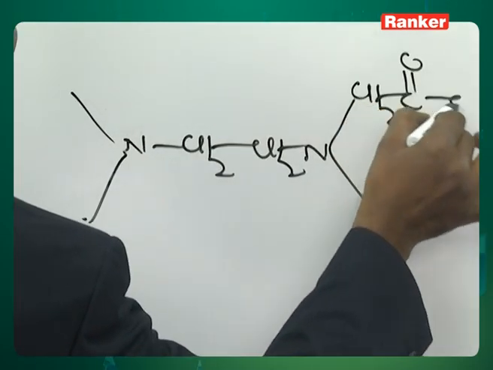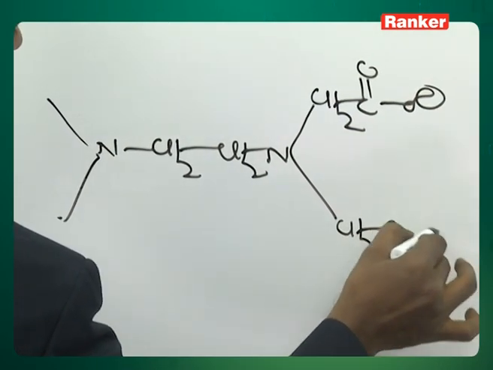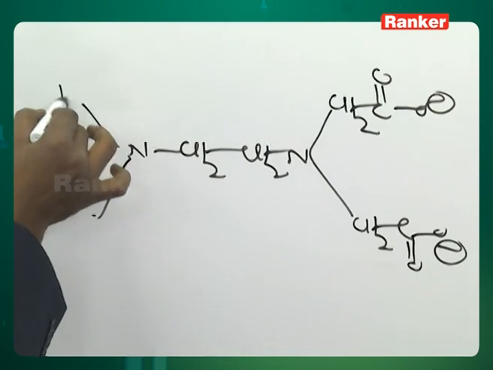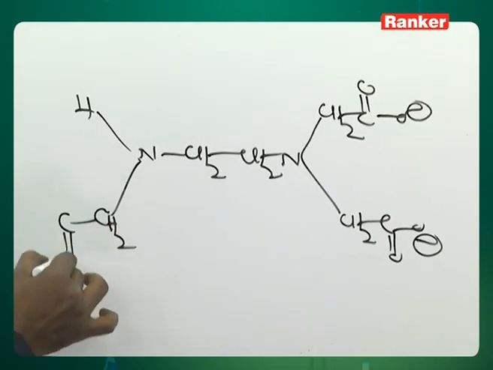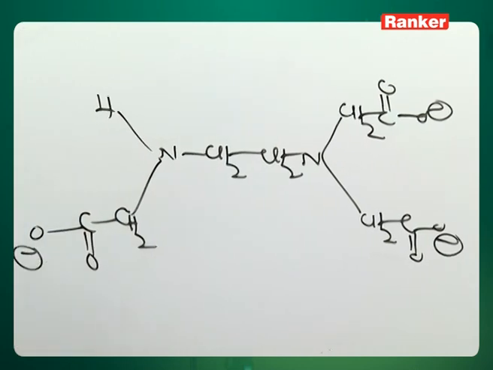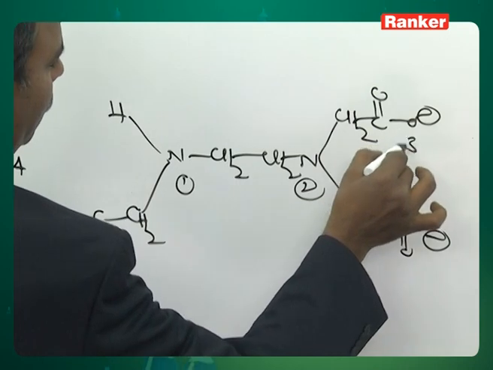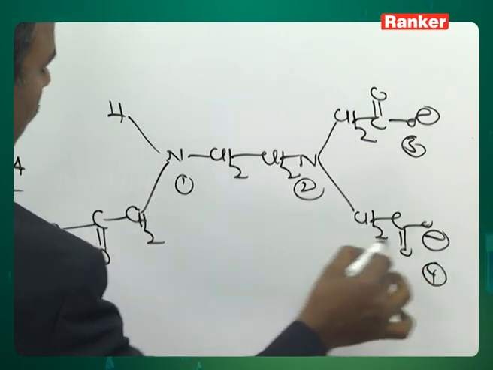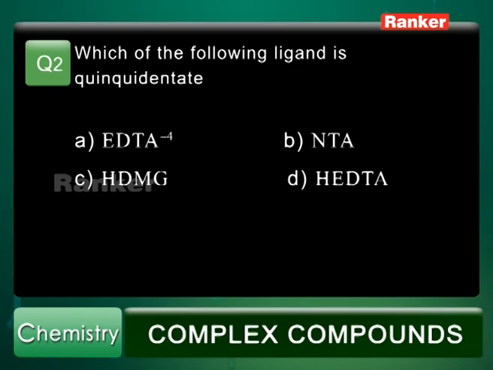C double bond O minus, 1 is H, C double bond O minus. This is 1, 2, 3, 4, 5 donor atoms. These are HEDTA, pentadentate. Penta means quinque. Therefore, here the answer is D.